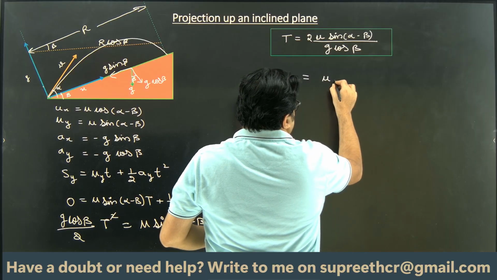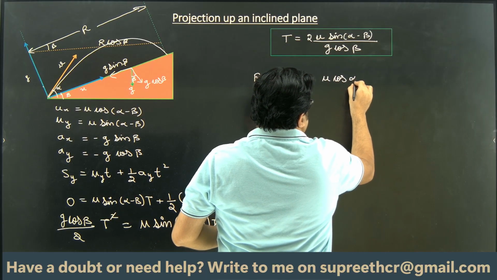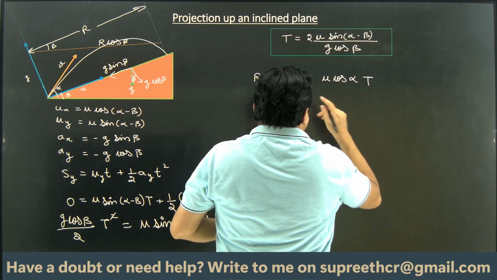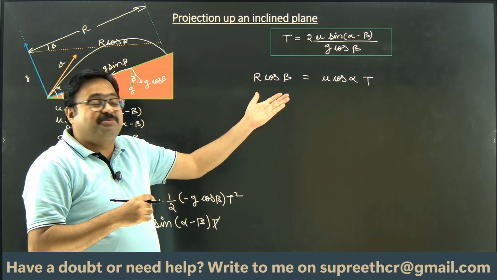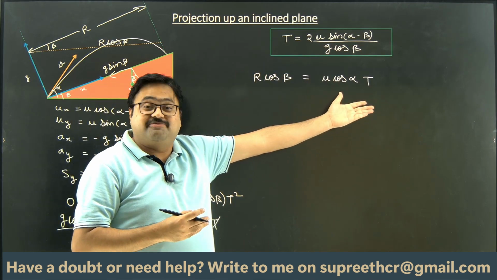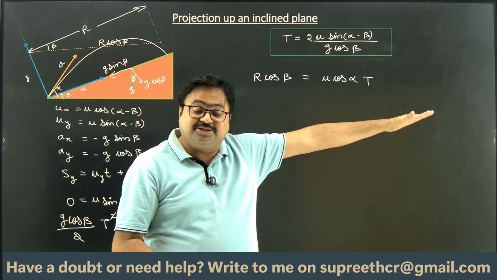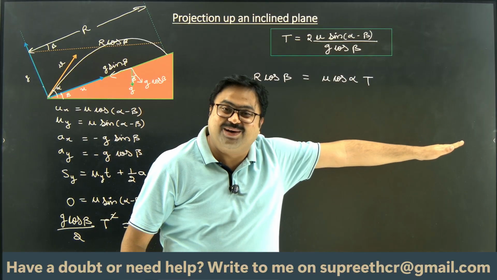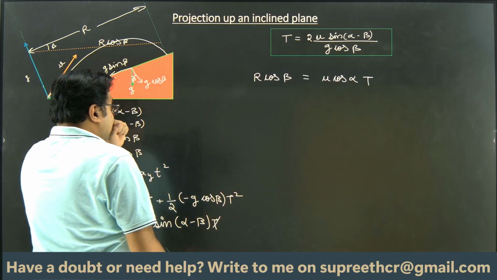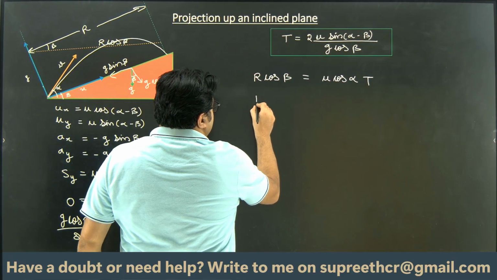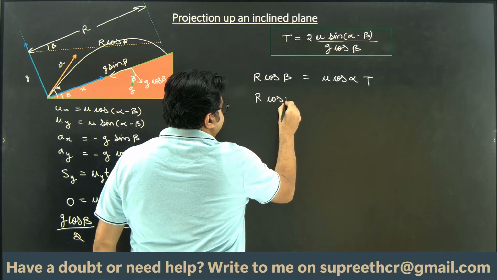I shall write u cos alpha multiplied by the time of flight. This is simply the displacement equals velocity into time formula. The reason why I'm able to apply this formula along the horizontal is because there is no acceleration along the horizontal.